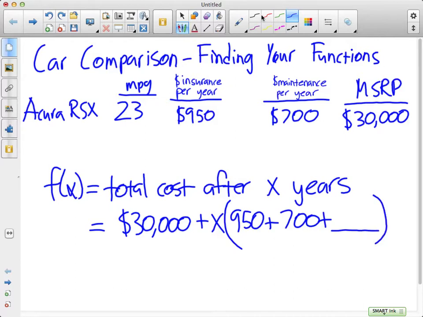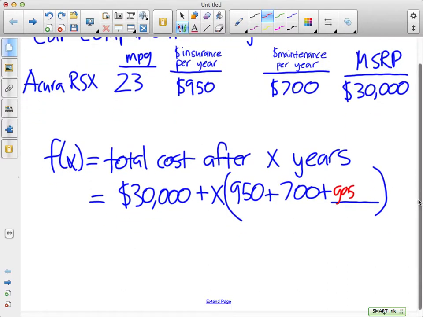This is going to be gas per year. Now that's not going to be the miles per gallon of a car. It doesn't make sense to add miles per gallon with money. These are both money. So we need to figure out the money we spend on gas, right?